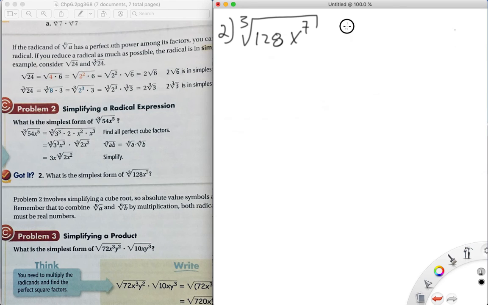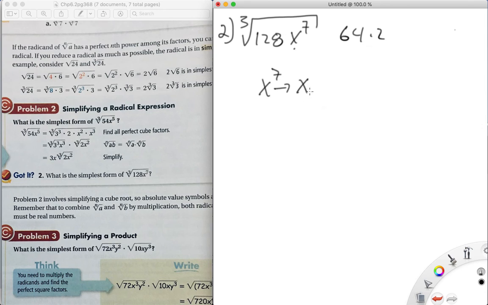So it's going to be 64 times 2. Okay? So that's the number part. And I focus on this guy, the x to the 7. Remember from last time, I usually divide the number by 3, but that will give me a fraction. So I'm going to split this up such that I can easily divide that by 3.